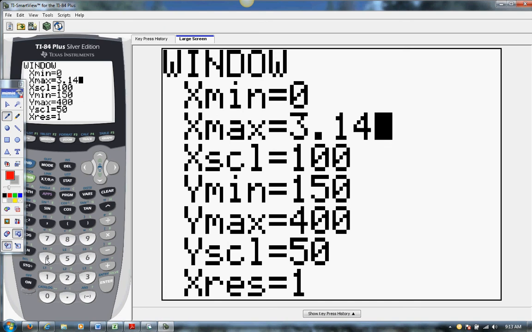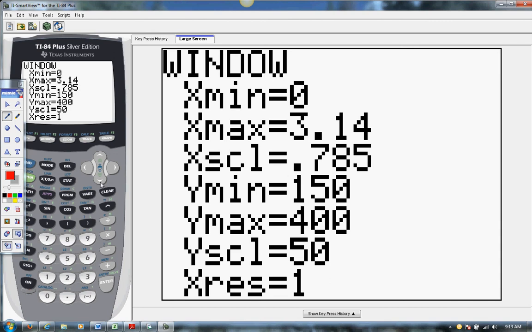Doesn't leave a lot of room, but let's just start with that and then we'll see what happens. My scale, this is what's important. My x scale is my road marker. So didn't we find the road marker to be pi fourths, which was 0.785? We did. That is the important part for graphing if you want to see those road markers correctly.